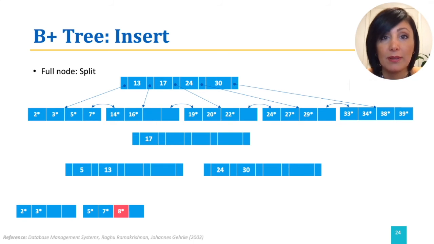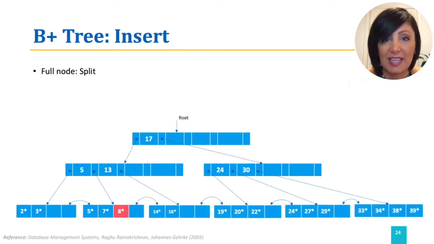For example, the entry 17, which is the middle entry here, is pushed up. Since our split node was the root node, in this case the tree height is also increased. The rest of the pointers are updated accordingly.